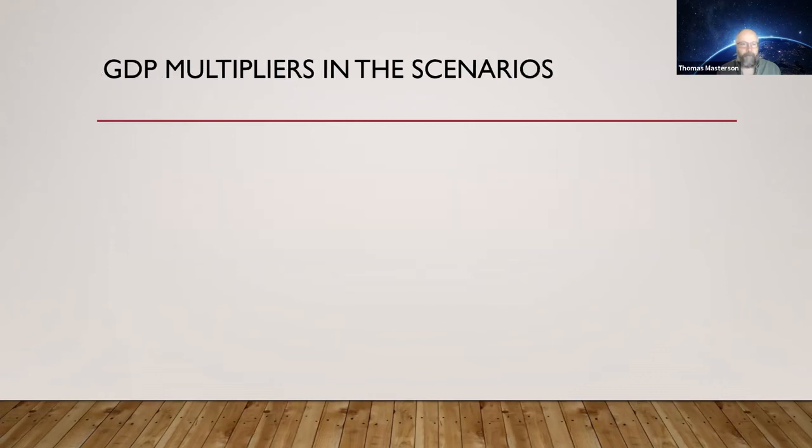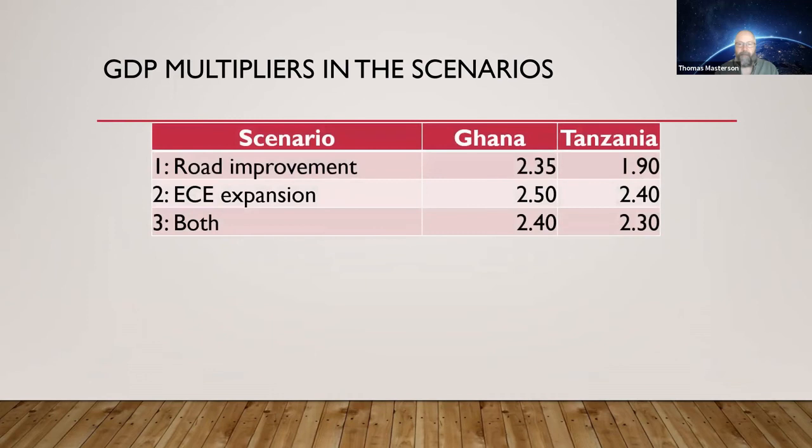Now, in terms of the multipliers, what do we get when we apply these shocks to the system that we designed in the last section? So we get this. For the road improvement scenario only, this is the GDP multiplier. What we get is a growth in GDP in Ghana of 3.5% and in Tanzania of 0.7% as a result of the spending on roads.